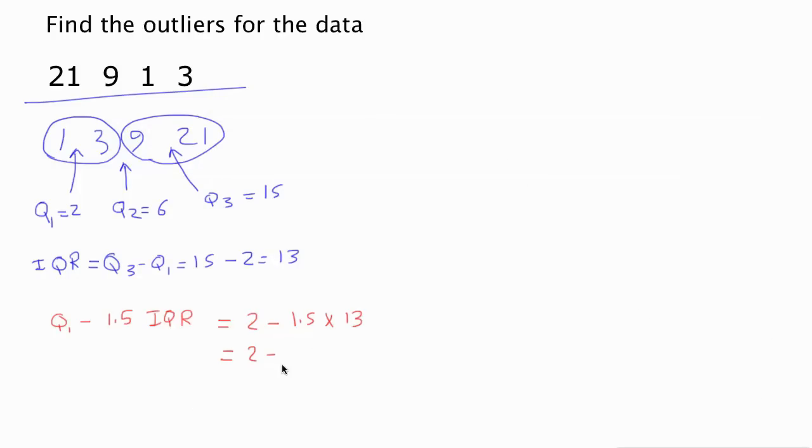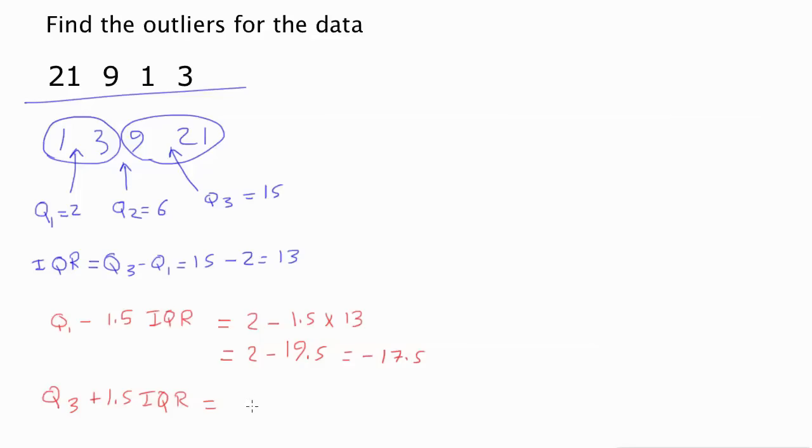So I have 2 minus 19.5, and that means negative 17.5. That's the lower fence.